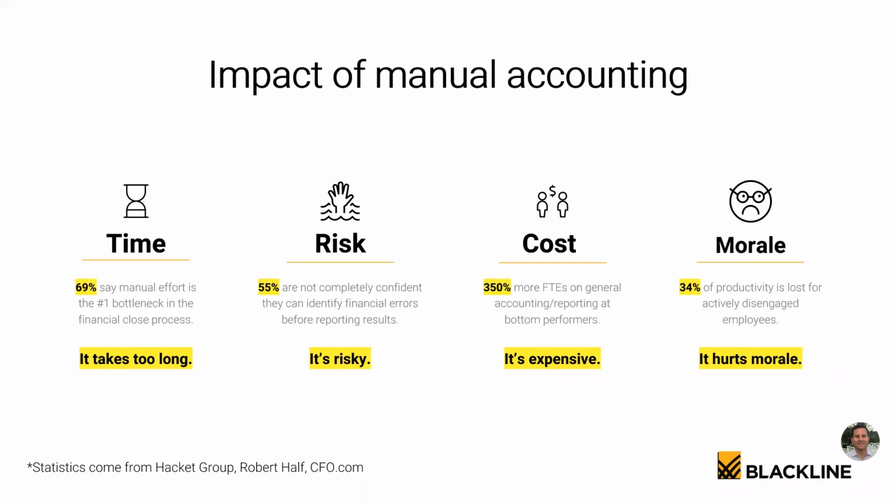There's also a huge cost to it. Manual processes need people to do them, and FTEs are expensive. So if your company is growing or has an increase in workload, you'll have no choice but to hire and pay for more employees. And adding to all of this is the potential for low morale. Many people don't really like manual and repetitive tasks. It just kind of wears them down.